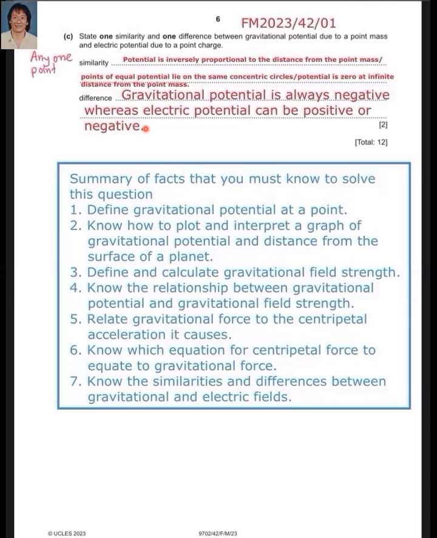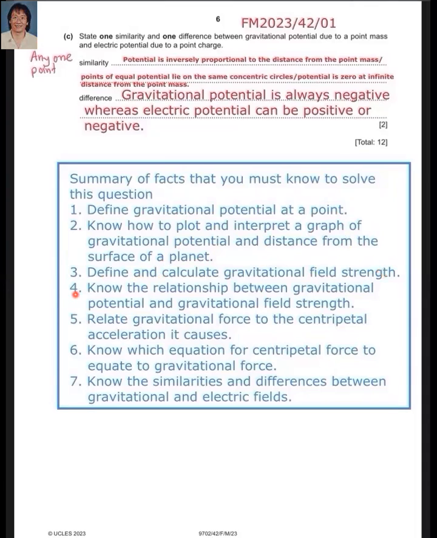And then this is a summary of facts that you must know to solve this question. Number 1, you must define gravitational potential at a point. Number 2, you must know how to plot and interpret a graph of gravitational potential against distance from the surface of a planet or the center of the planet. Number 3, define and calculate gravitational field strength.